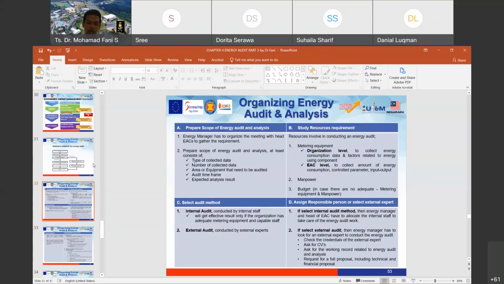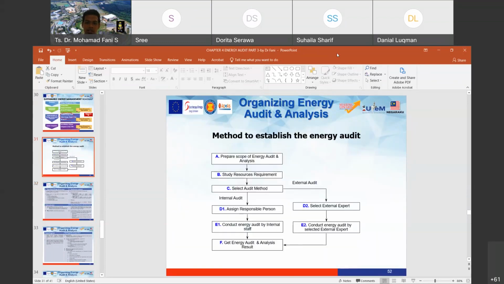Study the resource requirement, and select the energy audit method, either external or internal. If you want to do it internally, you need to find the right person to do the energy audit.